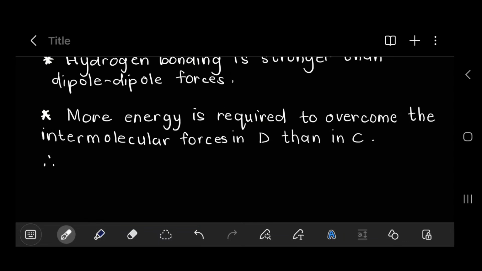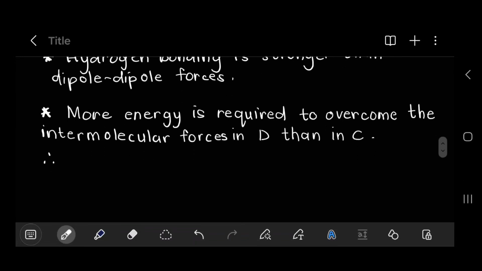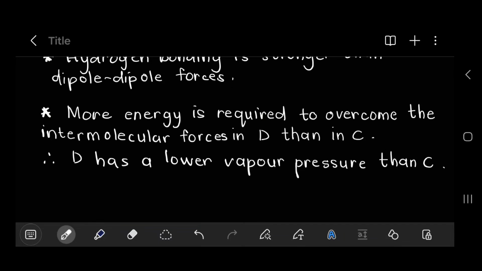So we can conclude and say, there's one of two things. We can either say, therefore, compound D has a lower vapor pressure than compound C, or you can say, therefore, compound C has a higher vapor pressure than compound D. So it's up to you. But for us, it looks like we've been comparing D to C, so I'm just going to conclude and say that, therefore, compound D has a lower vapor pressure than compound C.